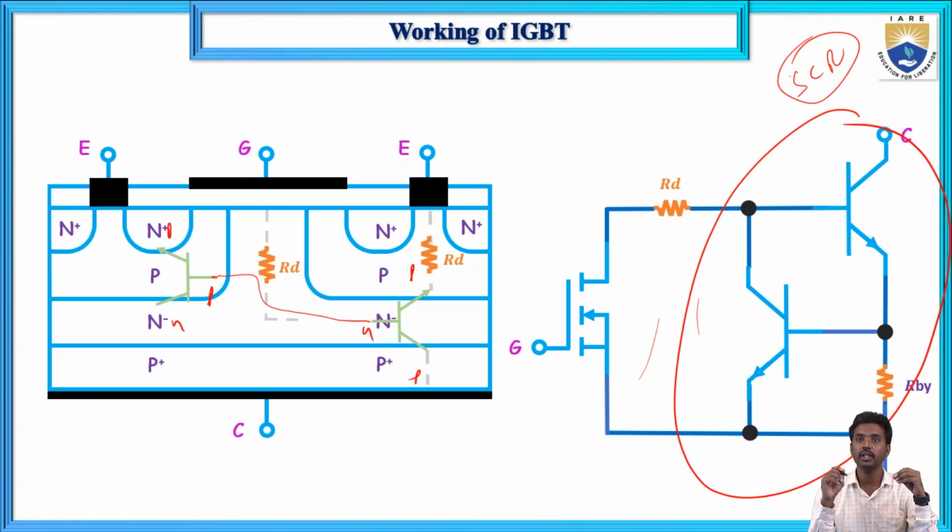Only when you give an external commutation circuit will it turn off. So when the collector current increases above the latching current, the IGBT latches up. This is the latching up of the IGBT. It will not turn off, and the IGBT device may be damaged. So this is the latching concept.